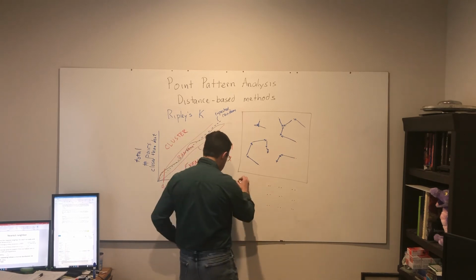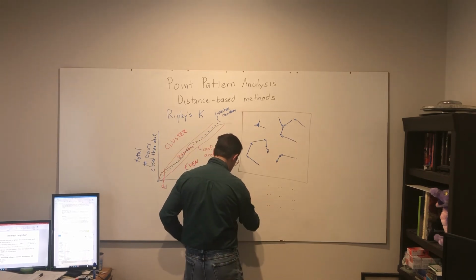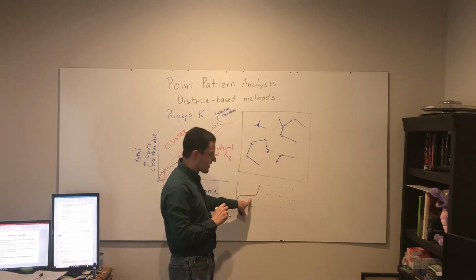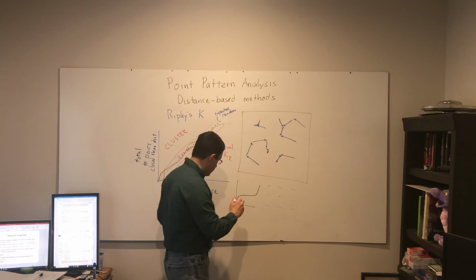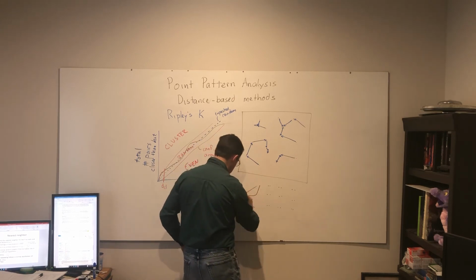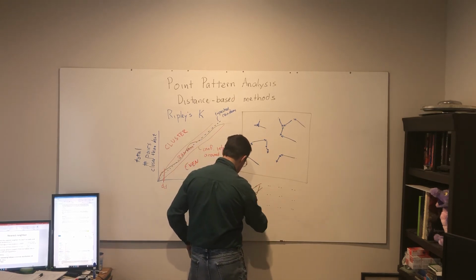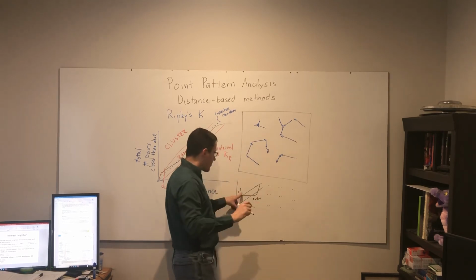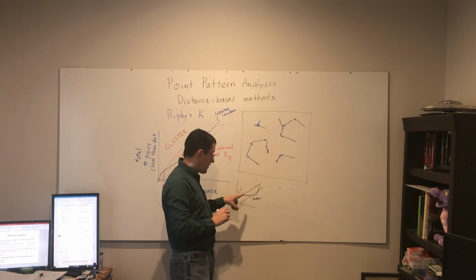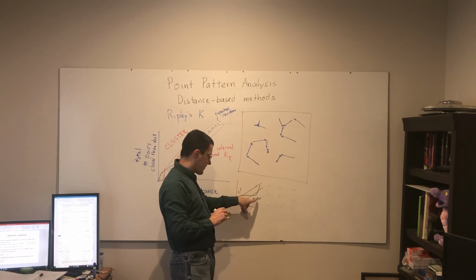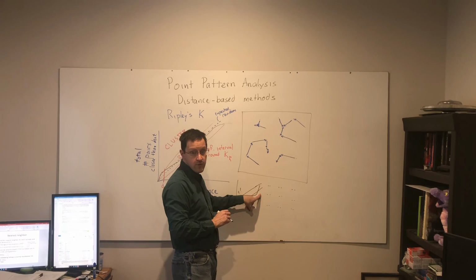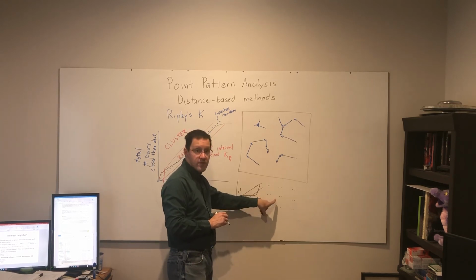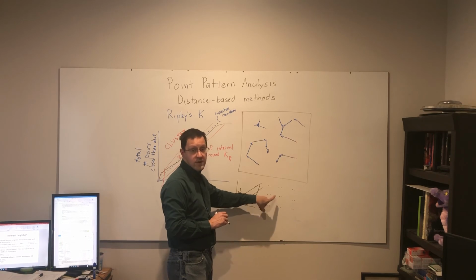Ripley's K would do kind of like this, and could actually recognize by saying, here at short distances it's clustered, at longer distances they're evenly distributed, and recognize this peculiar situation of evenly distributed clusters.